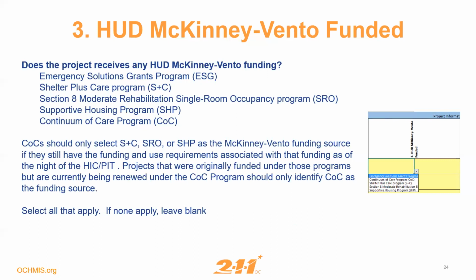For example, some Shelter Plus Care or SRO and SHP funding have been renewed under CoC funding, so you wouldn't report S+C, SRO, or SHP. You would report the CoC funding because that's how it has been renewed and used as of the night of the HIC. Select all of the McKinney-Vento funding sources that apply, and if none apply, you can just leave this blank.